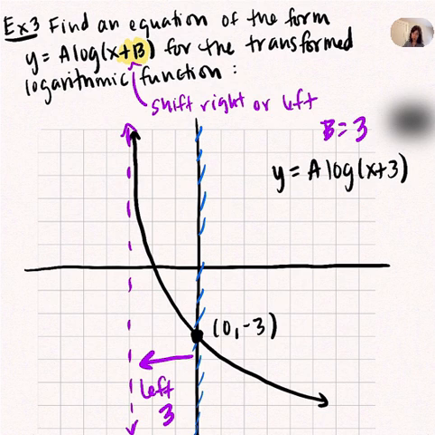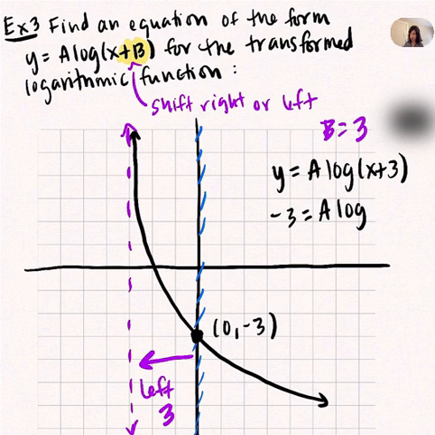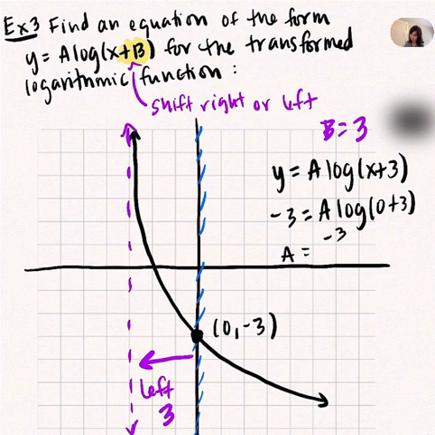So if I plug in negative 3 for y and 0 for x, and then I solve for a, I'm going to get a is equal to negative 3 over log of 3. So it's a little bit complicated, but that's what our a value is.